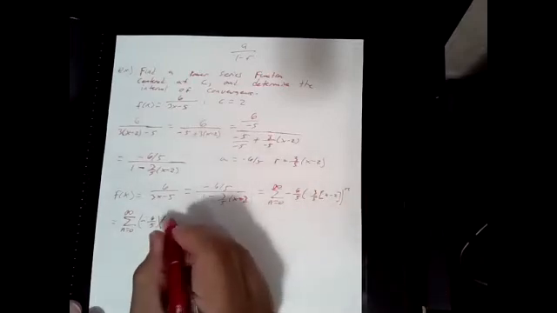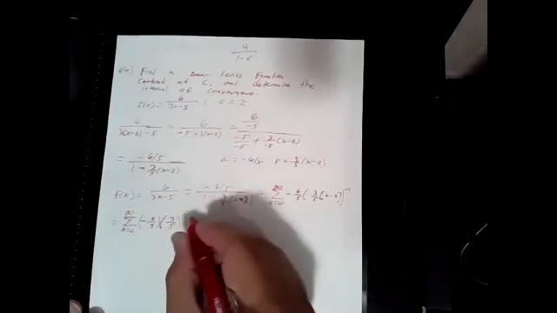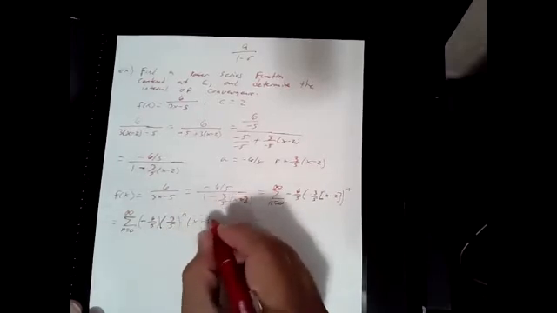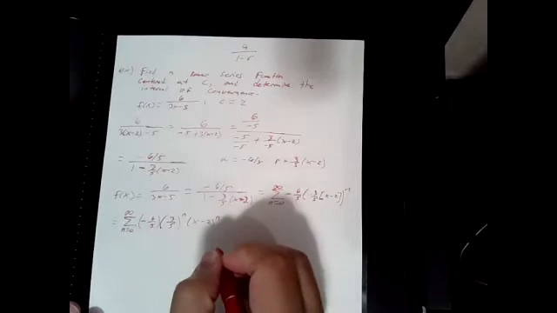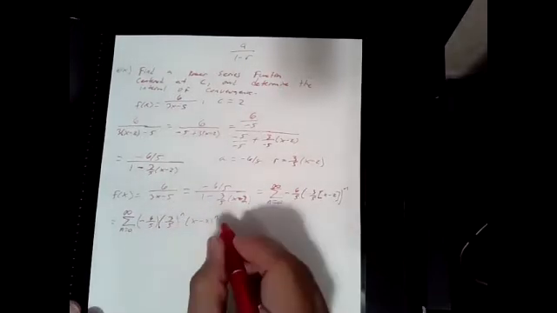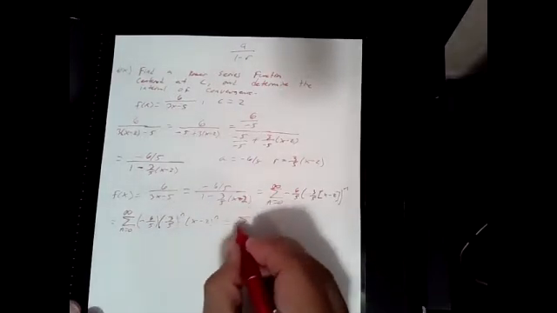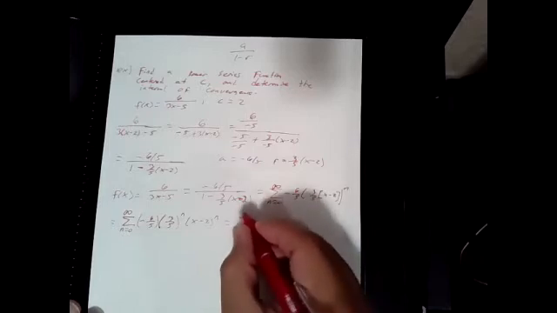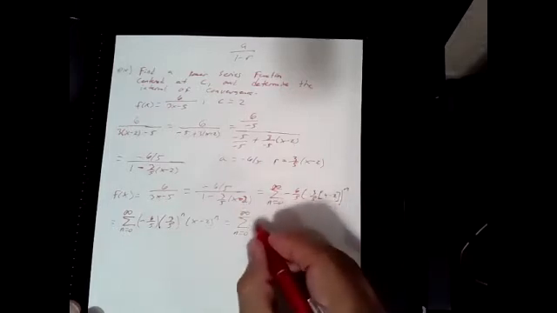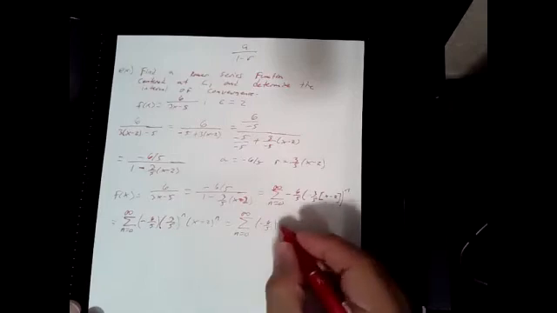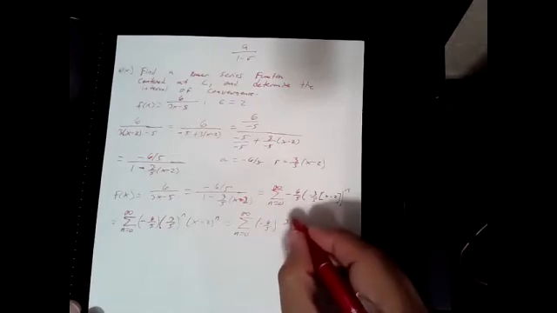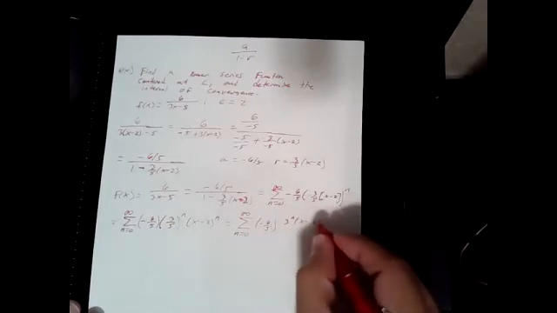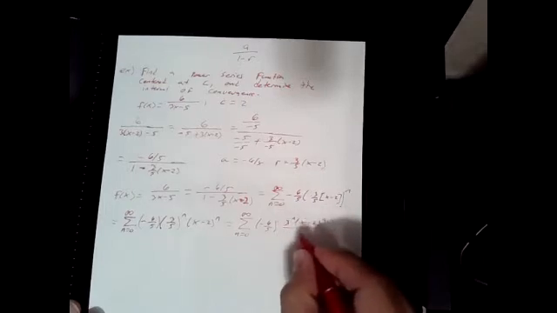So we should have a 3/5 to the n times x minus 2 to the n. At this point we're done, but let's go an extra step here. We can also write 3 to the n times x minus 2 to the n over 5 to the n.